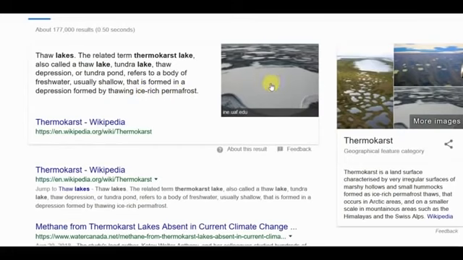So sometimes these are filled with water, sometimes they're not, and we're told that they are created by thawing ice-rich permafrost. And I came across these in an earlier video, and I just want to revisit them because I think these tie in to the Carolina Bays. I think it's the same phenomena.